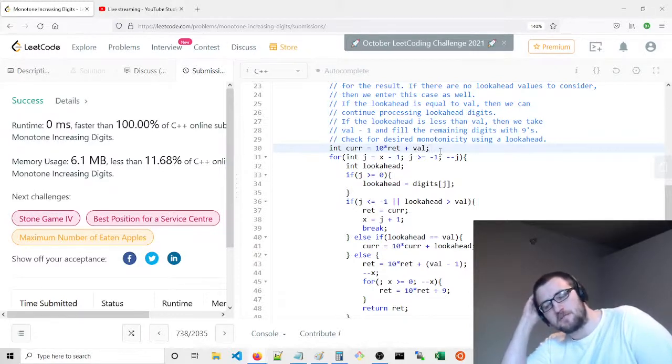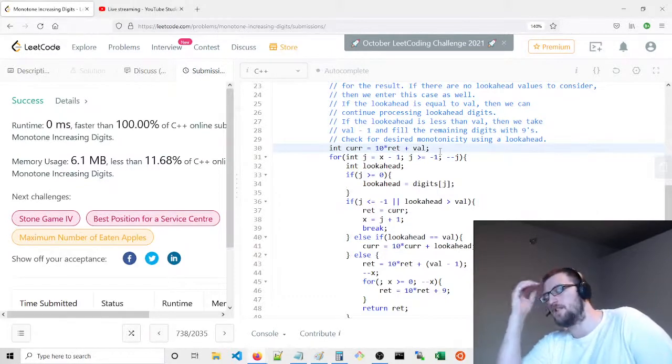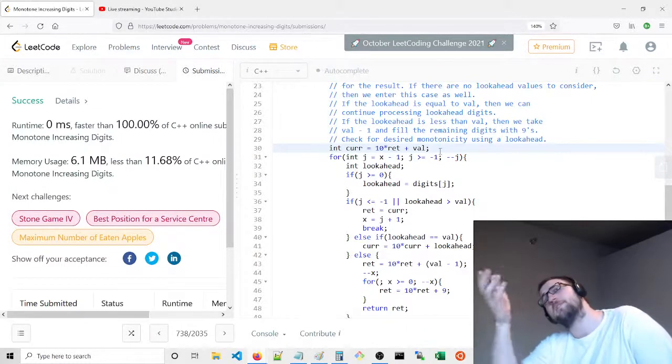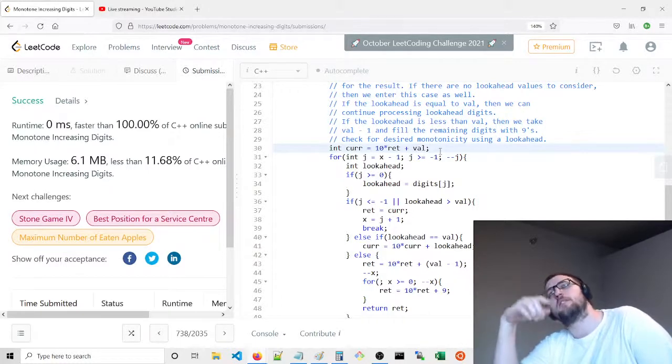Our solution is going to be greater than or equal to what we'd get if we just added all zeros to the end. We can know with certainty at this point that our solution is greater than or equal to that, and so we can just reiterate from there. That's if we find something larger. If we find equal, then we keep going, and if we find less than, then at that point we can just decrement the value we're looking at.